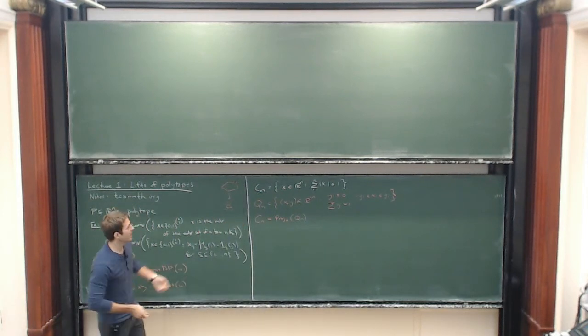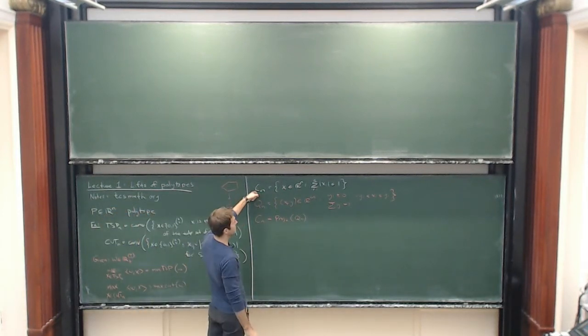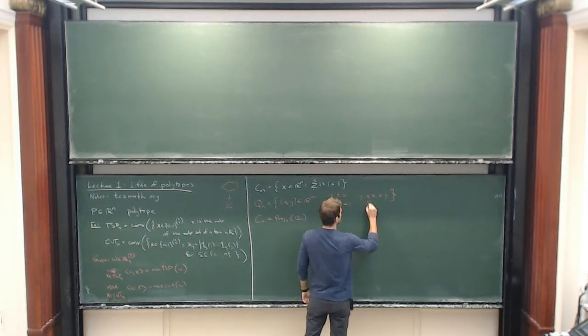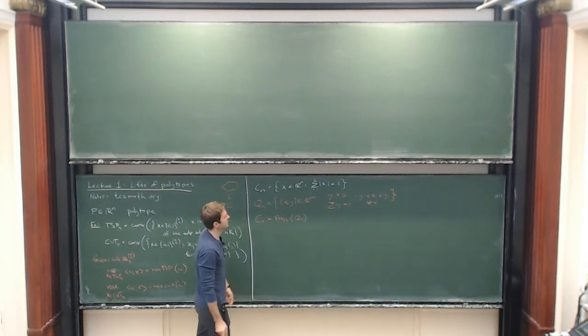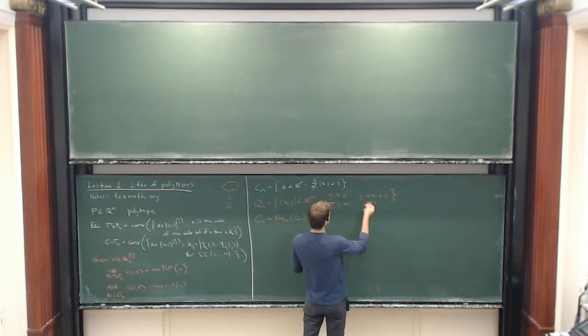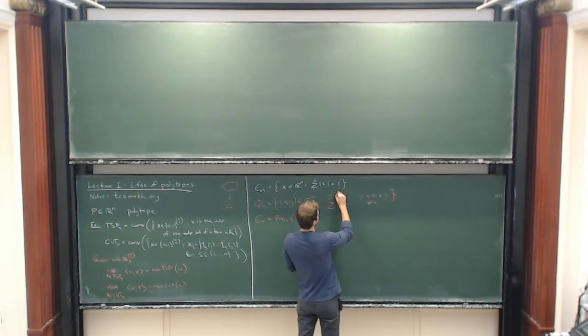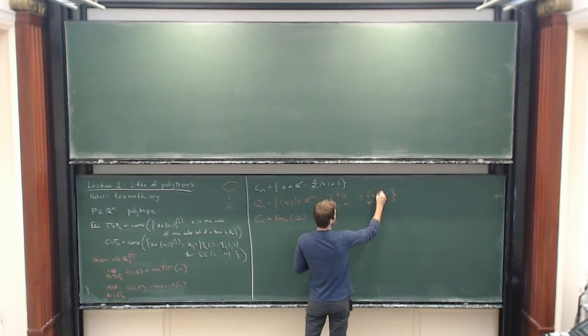Whereas the cross polytope has 2 to the n facets, it's a simple exercise to show that it really has 2 to the n independent facets. Q_n is quite simple. If you count the number of inequalities, here's n inequalities, here's n inequalities, and here's n inequalities.